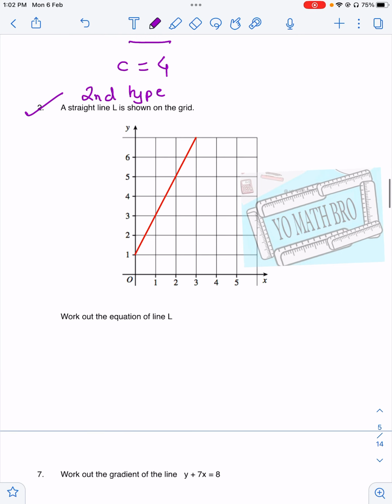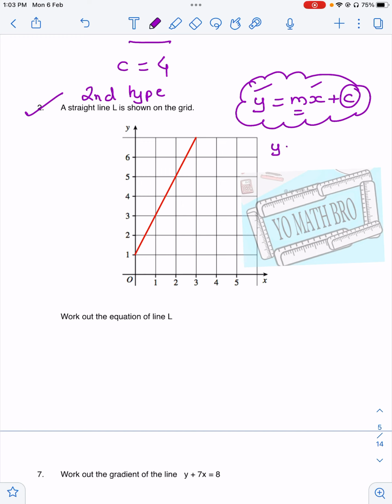Now they have given you the graph. As I was always telling you, the general formula was y is equal to mx plus c. This is a permanent general formula where m is the gradient. Now everybody is aware, m is the gradient, x and y are the coordinates. What is this c? I have been again and again using the word y-intercept.